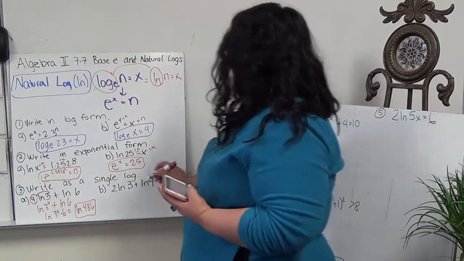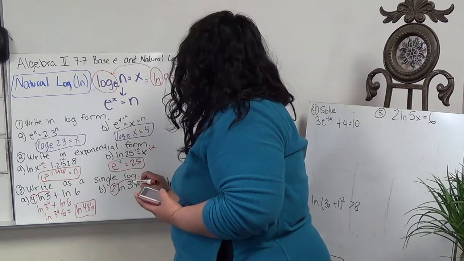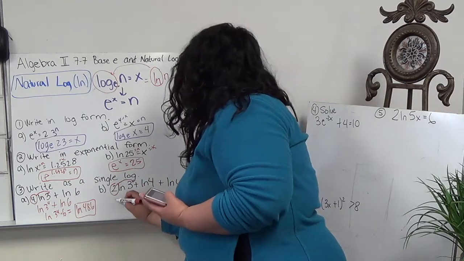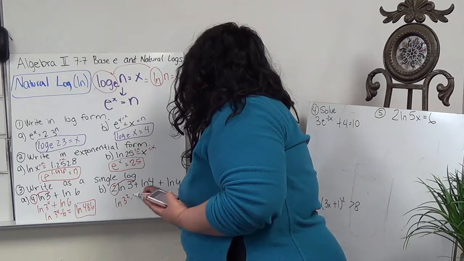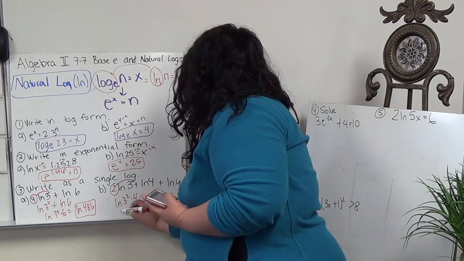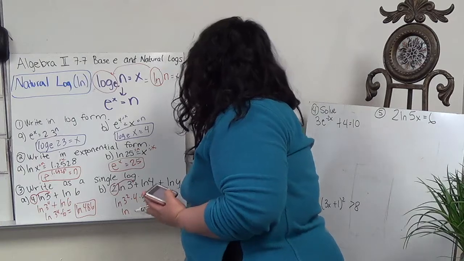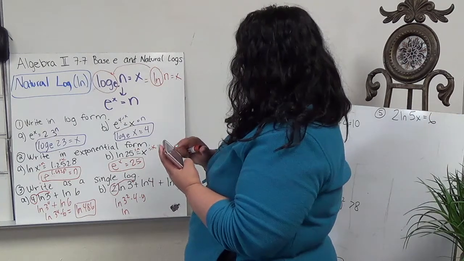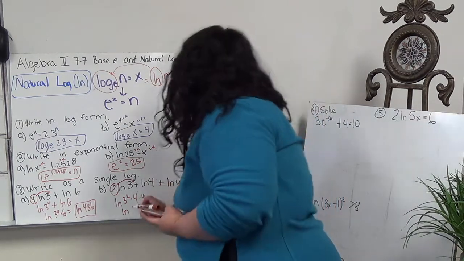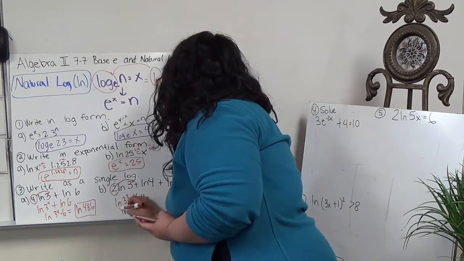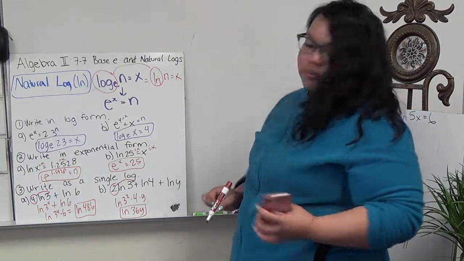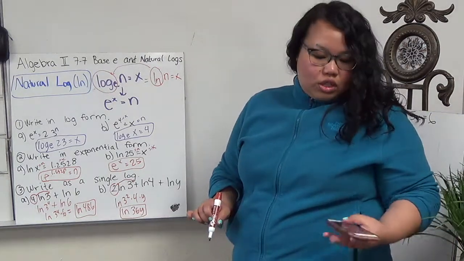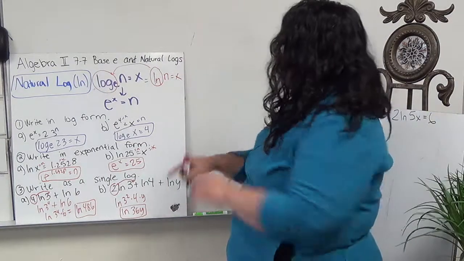Okay? Same thing goes with this. This is 2 to the 3, so this would be ln 3 squared times 4 times y, which would be ln 9 times 4, 36y. So go ahead and pause and write this down.